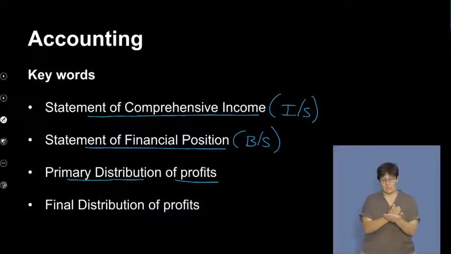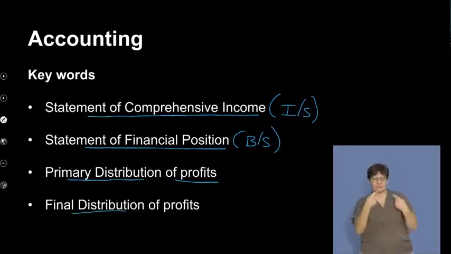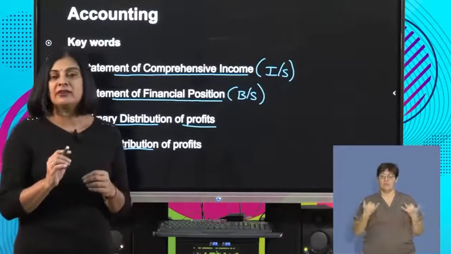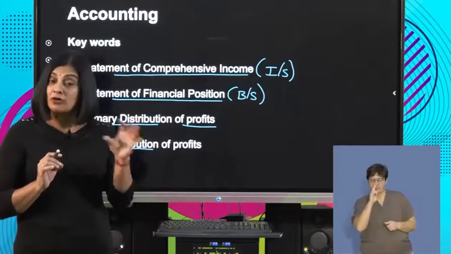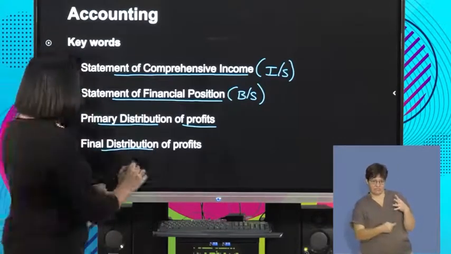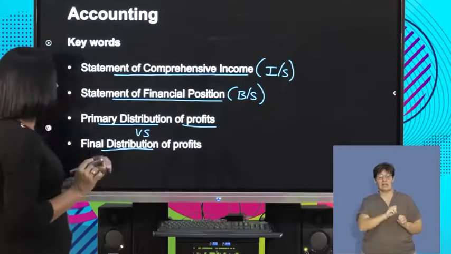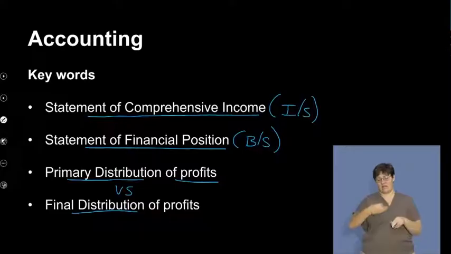What do we mean by primary distribution of net profit? As well as final distribution of profits. So please remember, as I'm completing today's lesson, we're going to come across these terms, and I want you guys to take note of the difference between primary distribution versus final distribution. Right, let's carry on.